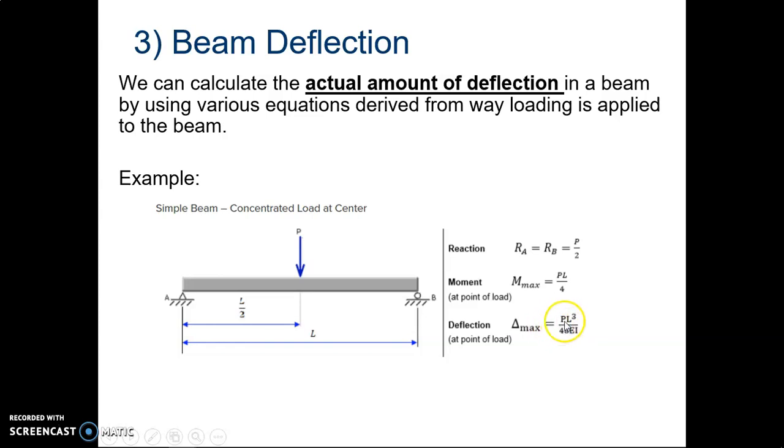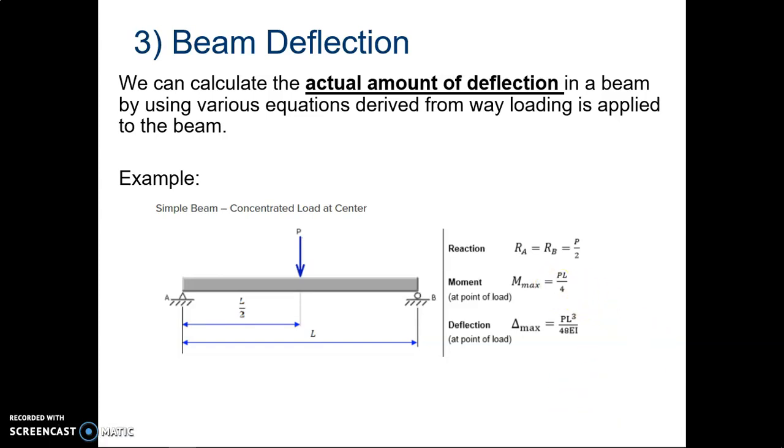Well, I know what P and L are, but what does 48 EI mean? E is the modulus of elasticity of the member. For steel, which we're typically going to be working with, it's 29,000 KSI or 29 million PSI. You're probably going to be working in PSI because I is inertia.